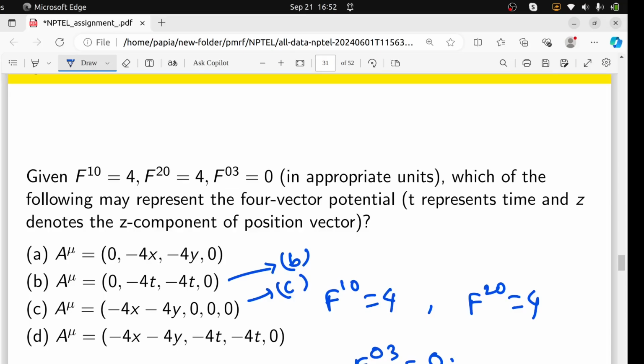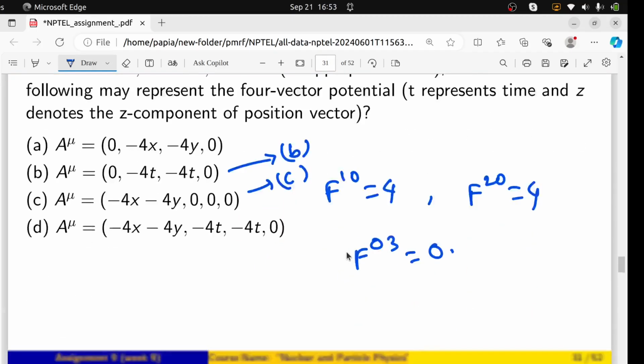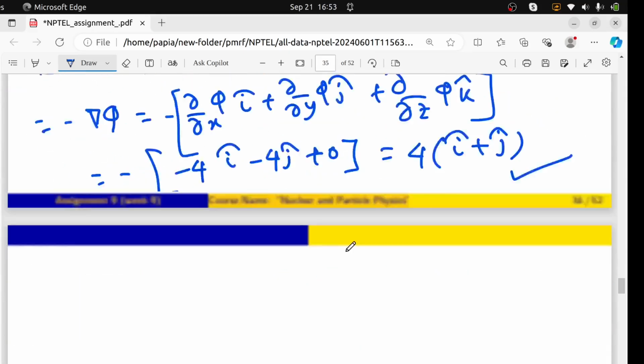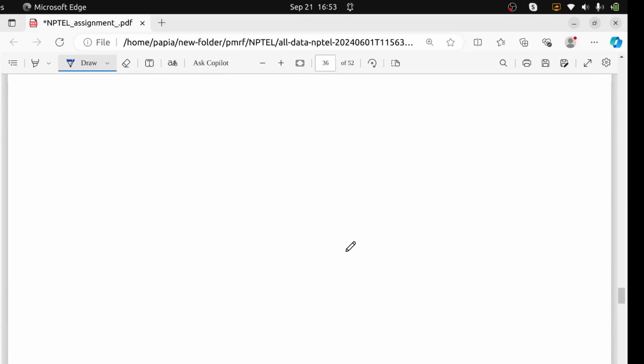These two are the correct options when F10 is 4, F20 is 4, F03 is 0 in appropriate units, and the B and C options are the correct ones for the vector potential, where t represents time and z denotes the z component of the position vector. And obviously x and y are similar. x represents the x component of the position vector, and y represents the y component of the position vector. Okay, fine.